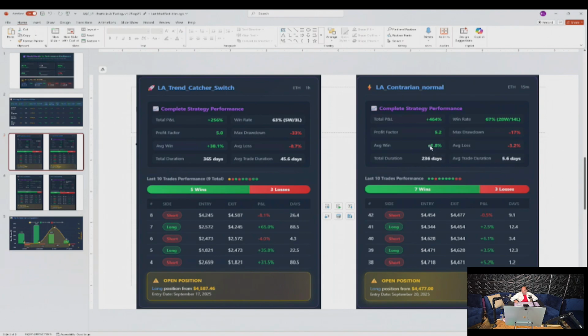Win is much smaller, loss is also much smaller. Profit factor is still great, and that's what makes this model great. That's also because of the win rate, because it has a 67% win rate compared to 63 here. So that makes a difference.